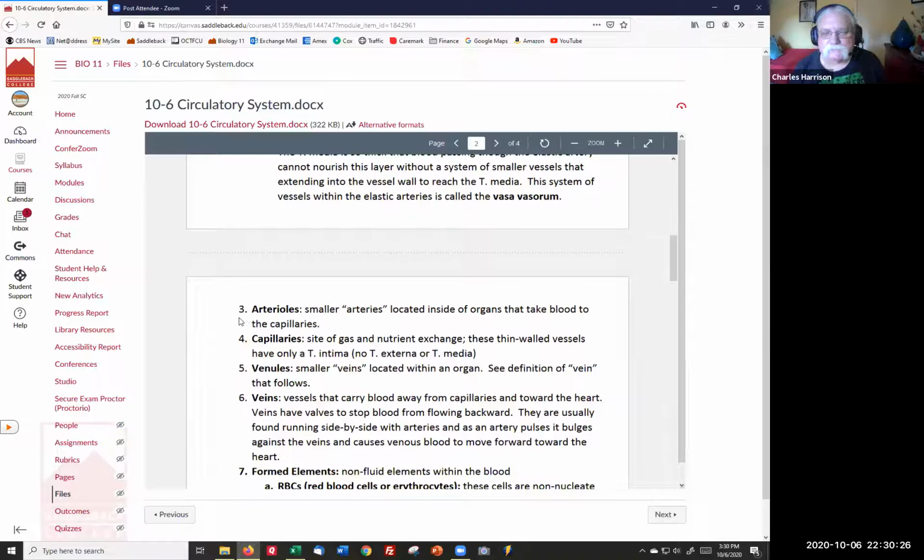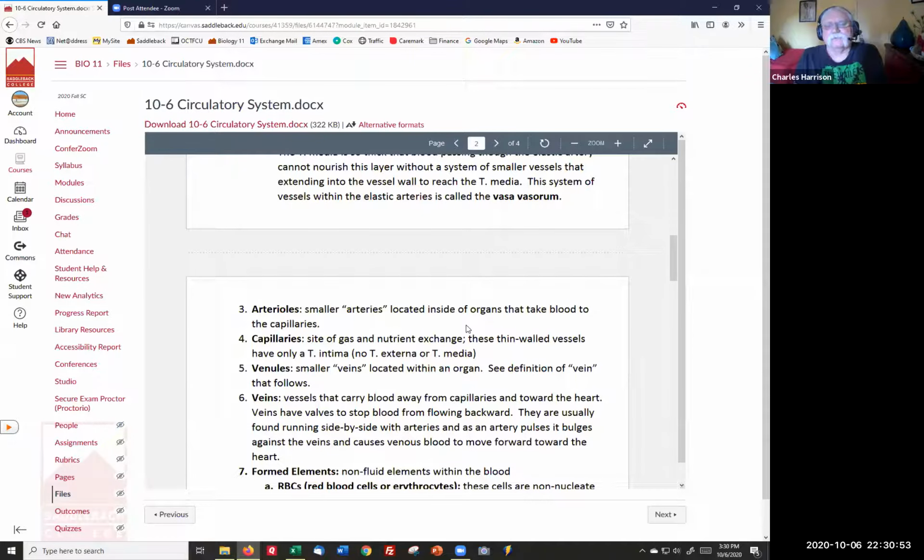Arterioles. We use the term with the kidney. Okay. Arterioles, they're smaller arteries located inside of organs. If you have the aorta, the blood will go from the aorta.